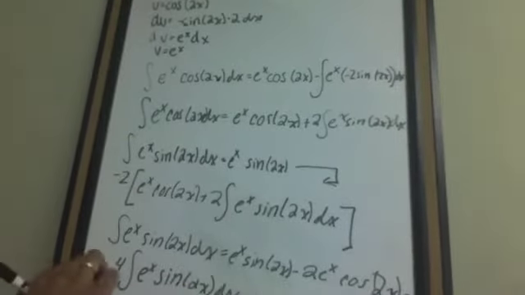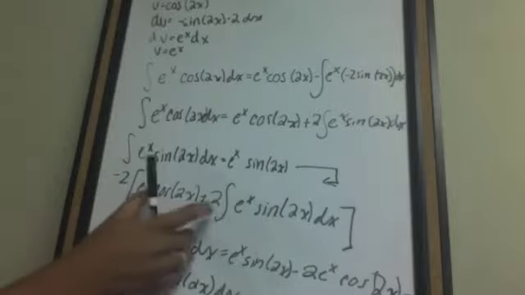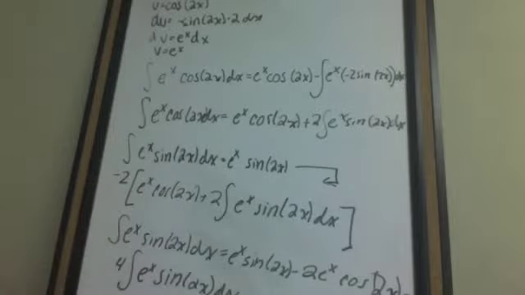Okay, and the reason why 4 came is because we multiplied this 2 with this negative 2.